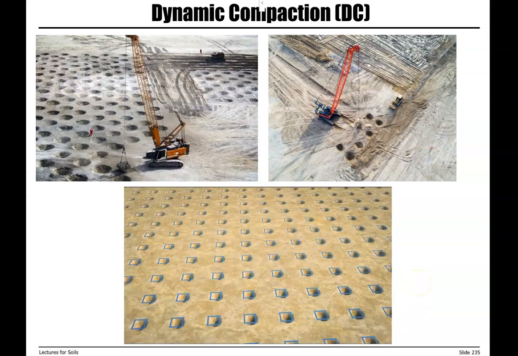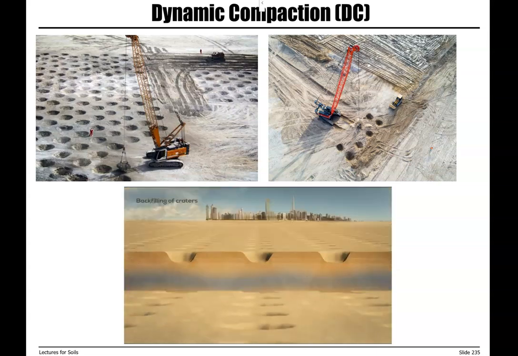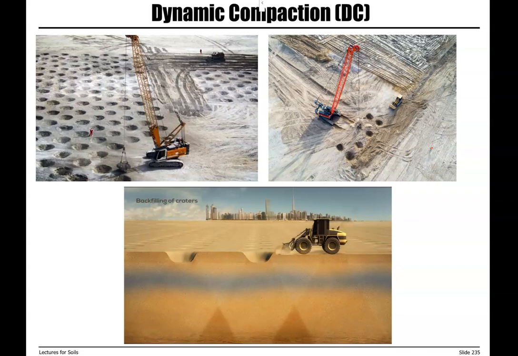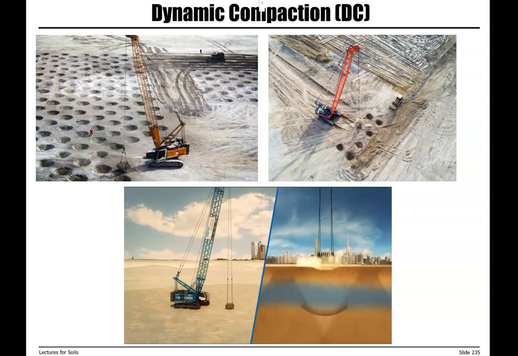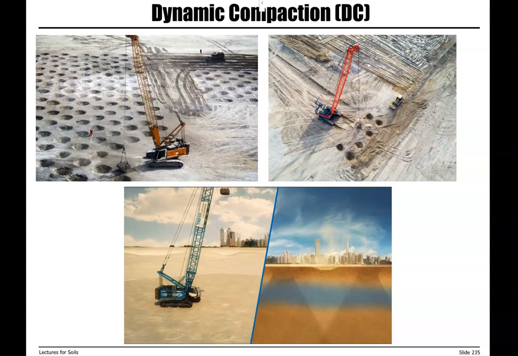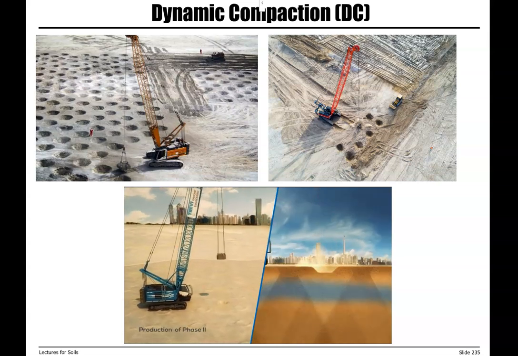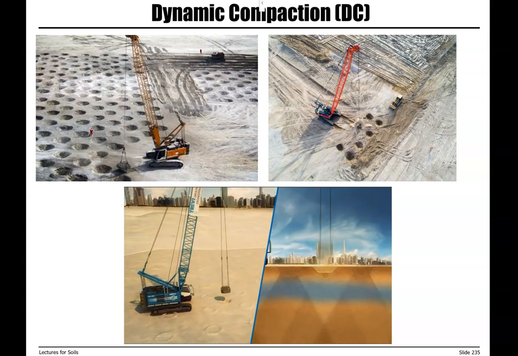So in this example, they will do a secondary dynamic compaction. And remember that dynamic compaction should always be followed with filling the holes that are made as a result of the dynamic compaction.